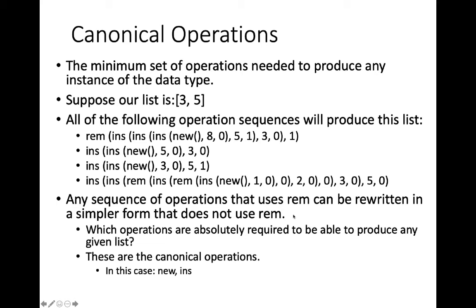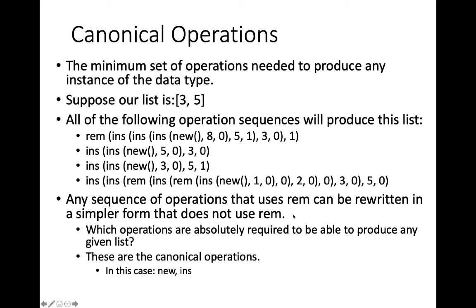Similarly, I don't need size, I don't need empty, I don't need find, I don't need all those other operations in order to create any given instance of a list. The only things I absolutely cannot do without are new and insert. If I don't have new, then I'm dead in the water to begin with. I can't even create the list.